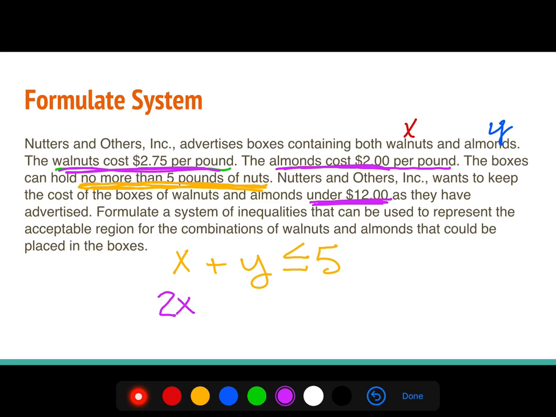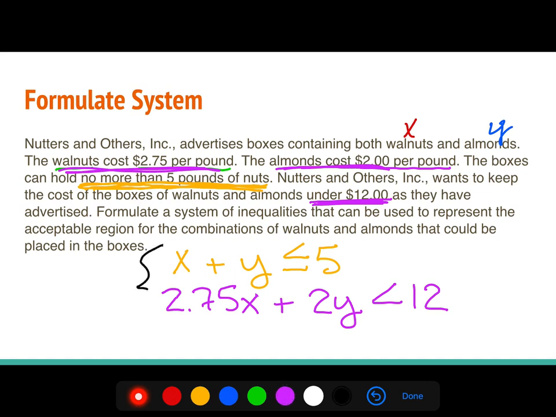So $2.75 for a walnut, plus $2 for an almond, and we want under $12. I didn't say up to $12, it says under it, so it can't even equal $12.